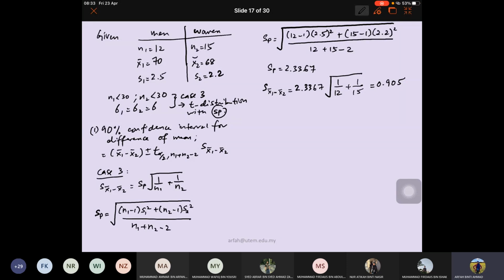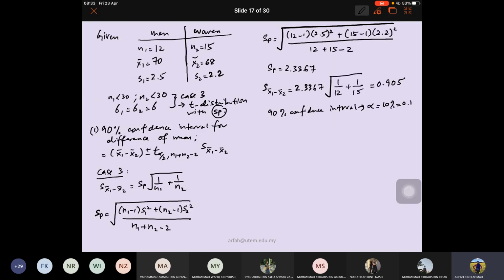So, then kita nak dapatkan T alpha. Dia kata 90% confidence interval, mean alpha equal to 10% or 0.1.